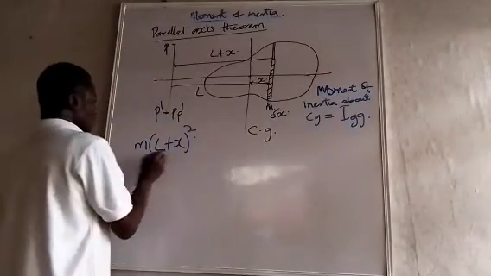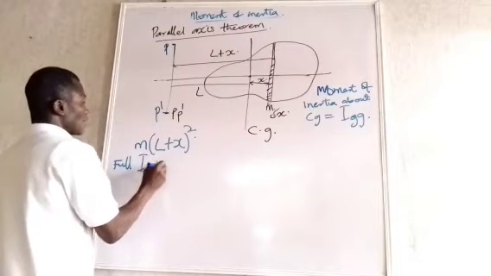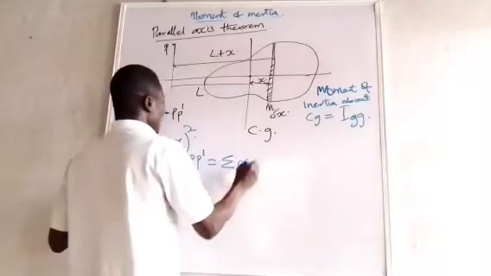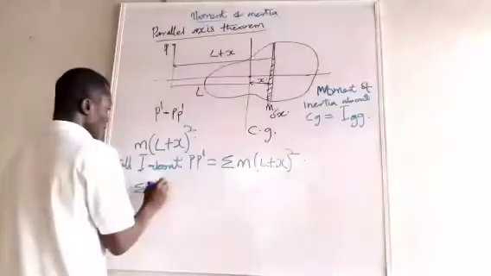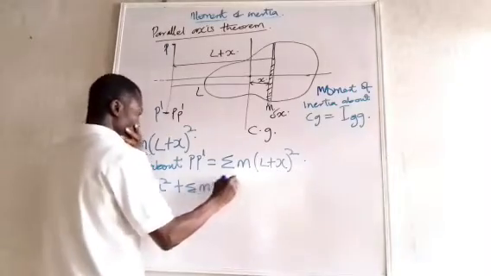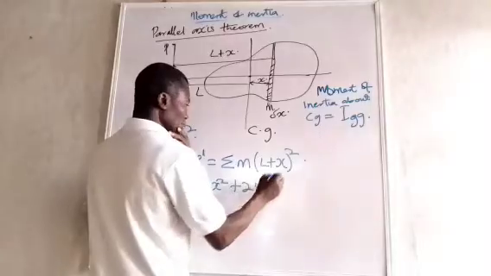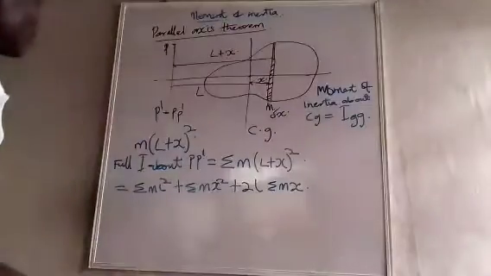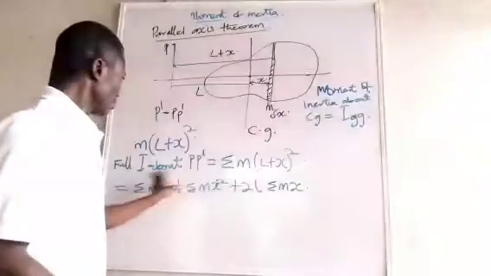So the total I about P is going to be the summation of M into (L plus X) squared, which is going to be summation M L squared plus summation M X squared plus summation 2L M X. That will be the full P. When it is total, this is what it will be.